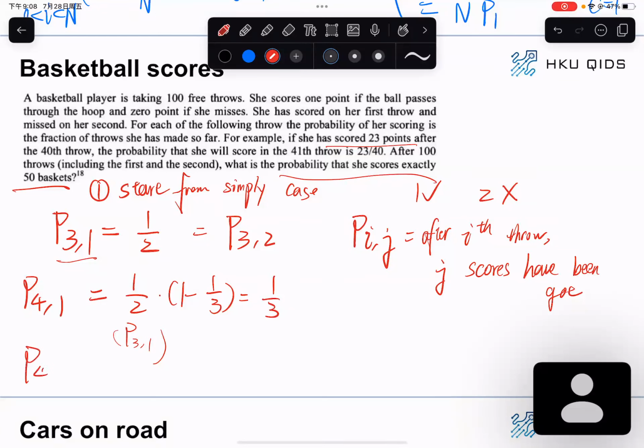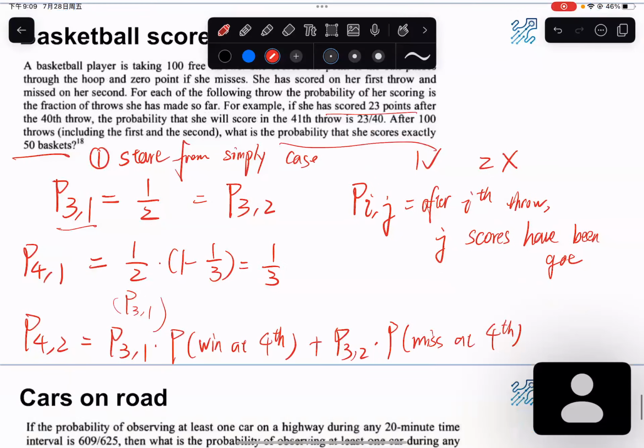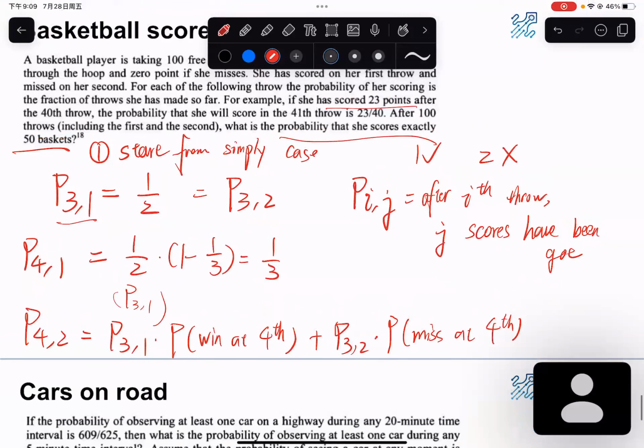How about probability P4/2? Probability P4/2 equals probability P3/1 multiplied by probability win at fourth, plus probability P3/2 multiplied by probability miss at fourth, right? And this is 1/2, and again, this is also 1/2.